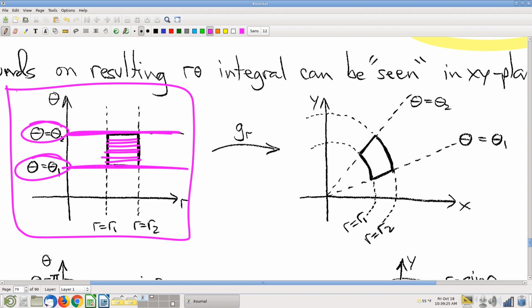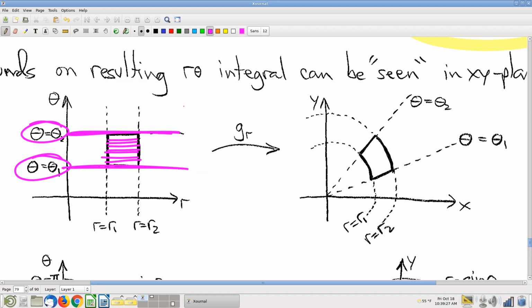But just notice also those slices. I can actually see these slices over here. They're quite visible, right? That first slice looks like that in XY world. And as I continue to slice, each one of these slices just represents a constant value of theta, and these are just rays emanating out of the origin.